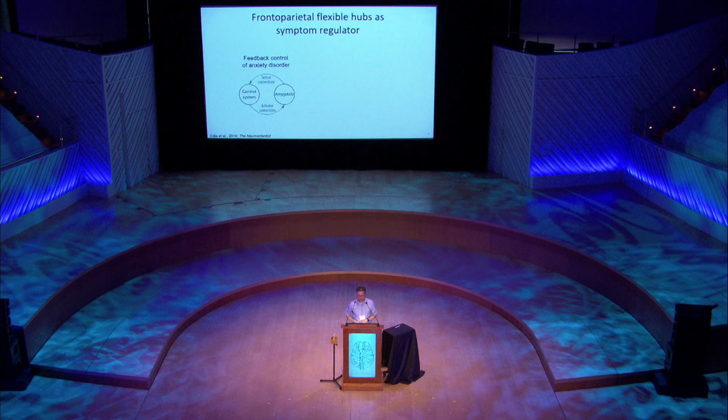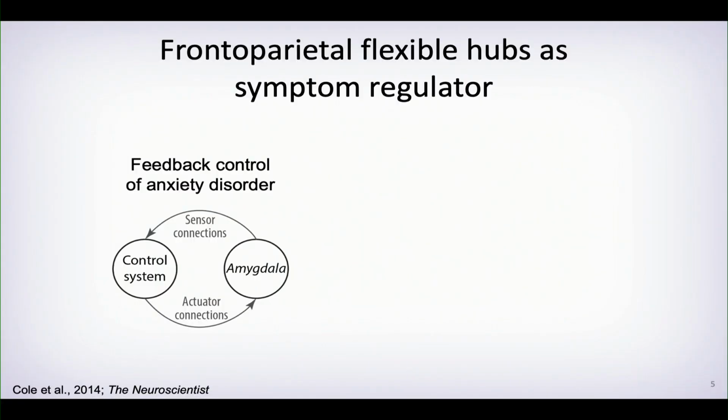And so in this case, if you had the core harmful dysfunction, say an overactive amygdala, there might be this feedback loop where the control system can begin to implement strategies to reduce that overactivation by feedback control.